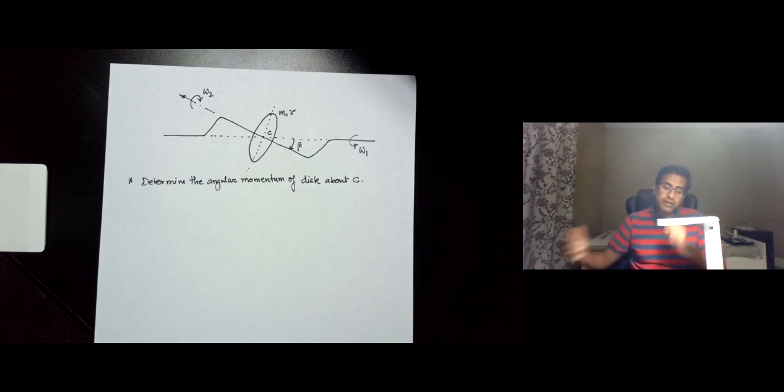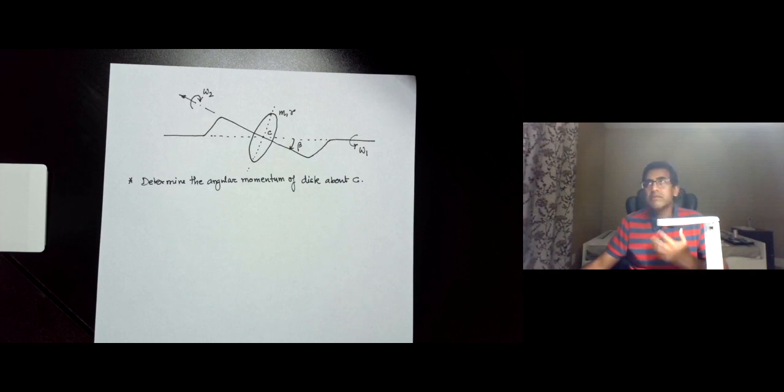One other unique thing about angular momentum as opposed to, for example, linear momentum is that angular momentum always has to be specified about a point of reference, and typically that point of reference is a fixed point or it can be the center of mass of the rigid body.